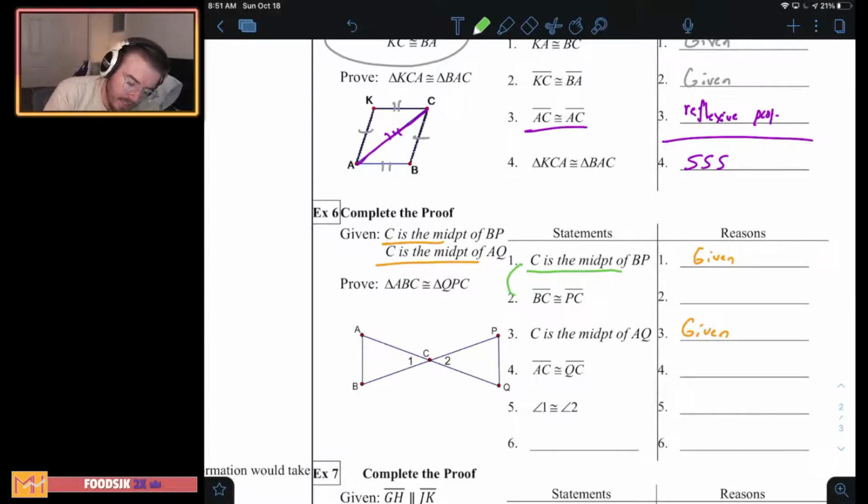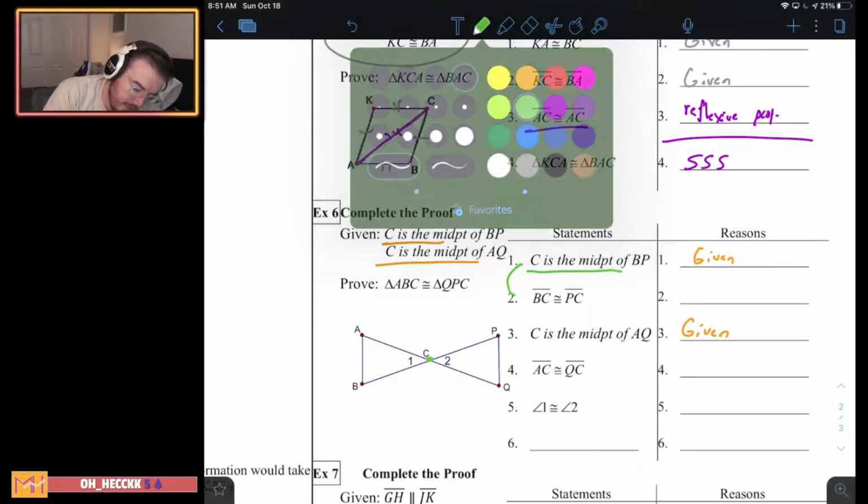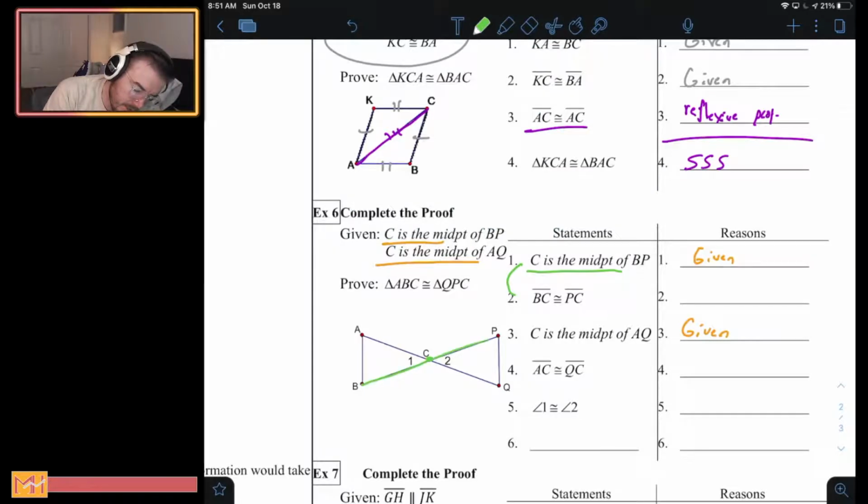Here's BP, and C is the midpoint. Well, what does that mean? It means that it's congruent on either side, right? If C's in the middle, the left side and the right side must be the same, because C's right smack dab in the middle.